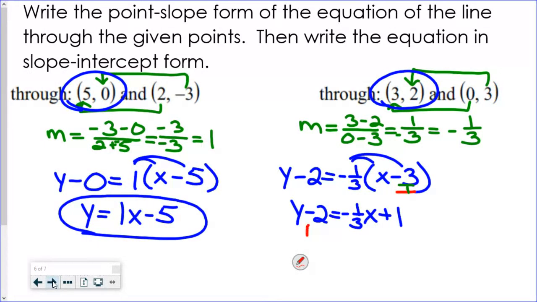And then we need to add 2. Remember, your last step is usually adding or subtracting something. So my slope intercept form is that. Y equals mx plus b. So that's the big one, but it's not always that long.